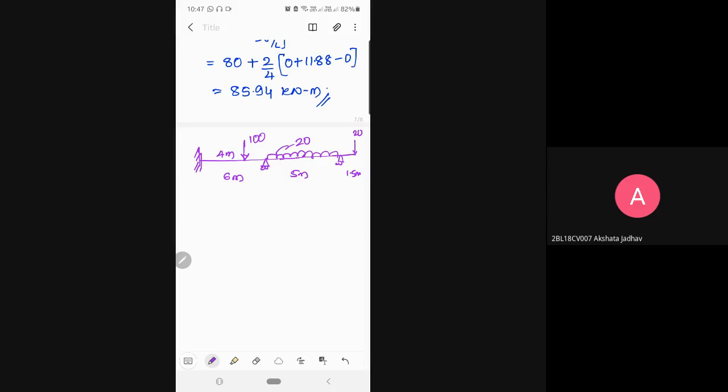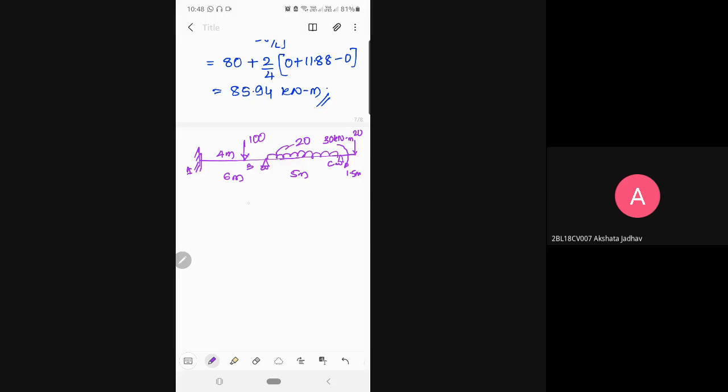Clear? This will be the problem which I am going to solve in the next class. If possible, you can solve this problem. A hint: this overhang you have to take as an external force. It is 20 into 1.5, that is 30 kilonewton meter, which will be the external moment at C.